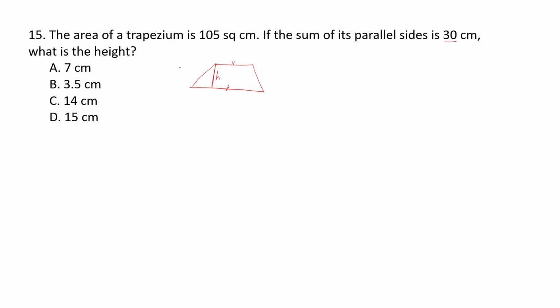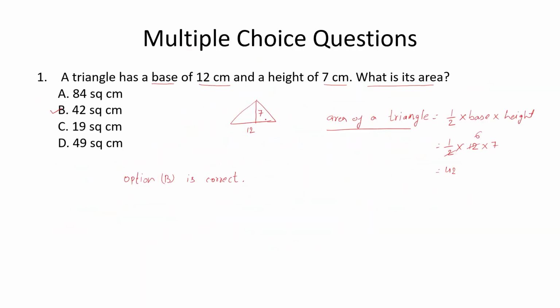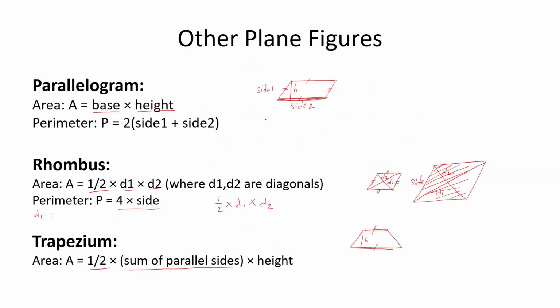So what is the area formula? Area of a trapezium is equal to, I think, 1 by 2 into sum of the parallel sides into height.